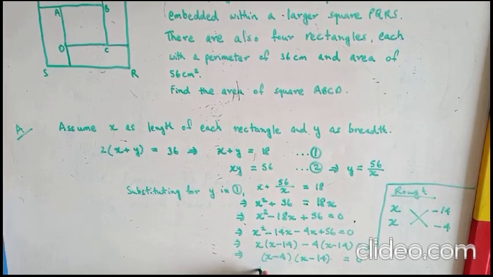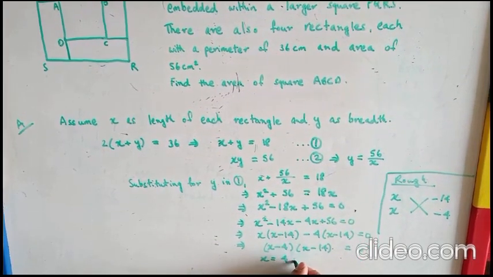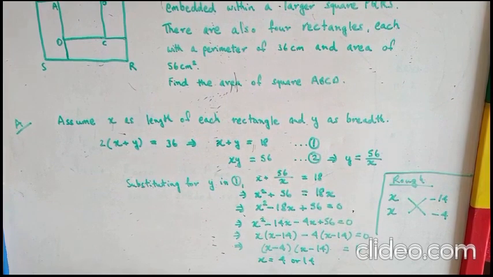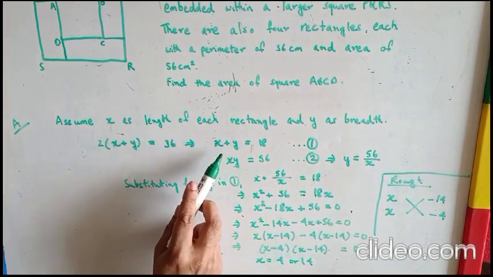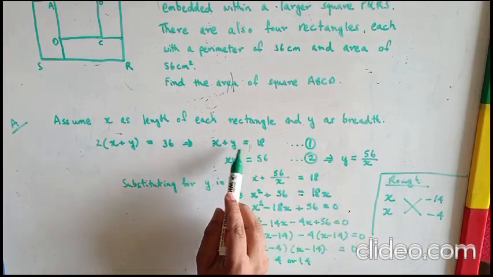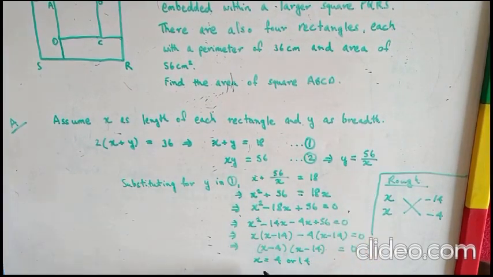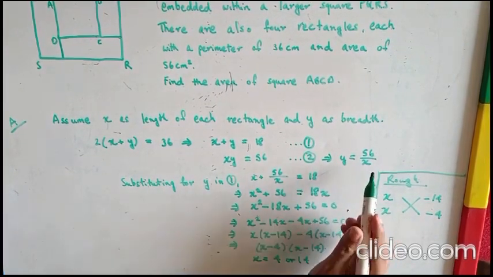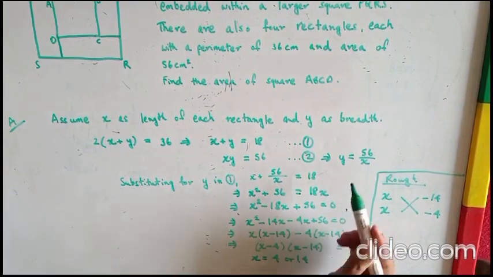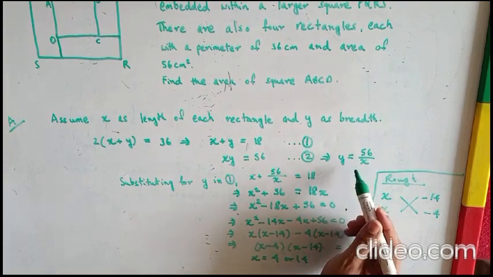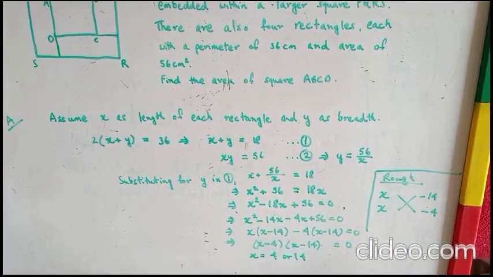Now from this we can find that x is equal to either 4 or 14. Now when you substitute this here or here, so y, when x is 4, y will be 56 by 4, which is 14. The other way around is also true. If x is equal to 14, y will be 4.